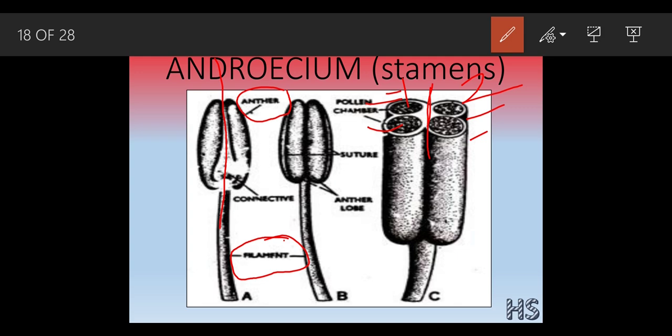When these pollens get fully matured, they rupture from the pollen sac, and they go to the other female flower, which we studied as pollination in your 8th standard. Right now I am not going to discuss pollination in detail because we are going to cover it as a different chapter. As of now, you just understand that they contain these pollens.